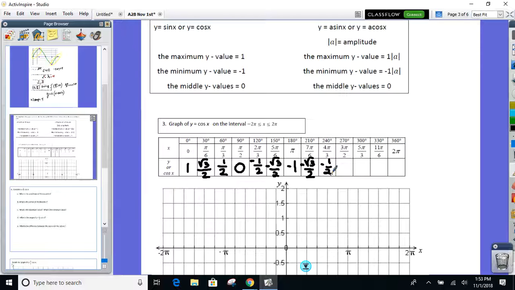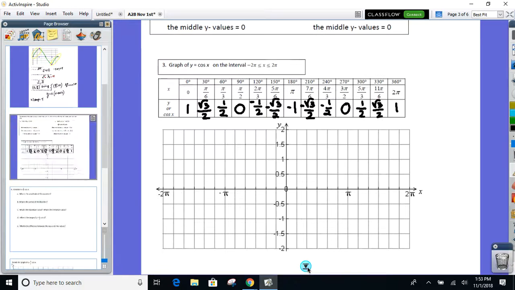What's the x coordinate at 270? 0. 300. 1/2, but positive or negative? You're in the fourth now with cosine. Good, keep it positive. Radical 3 over 2. And we end back up at 1.